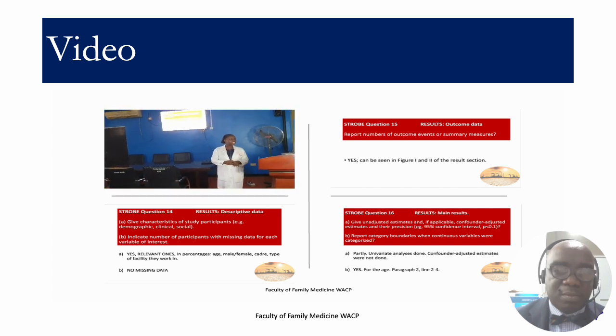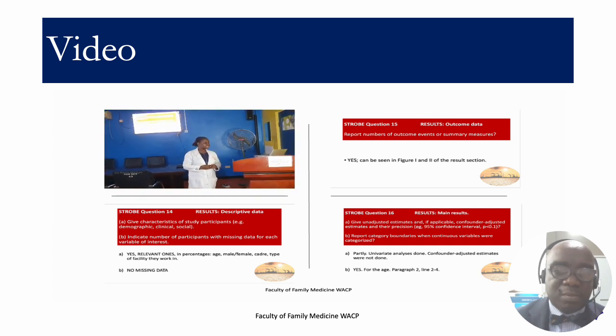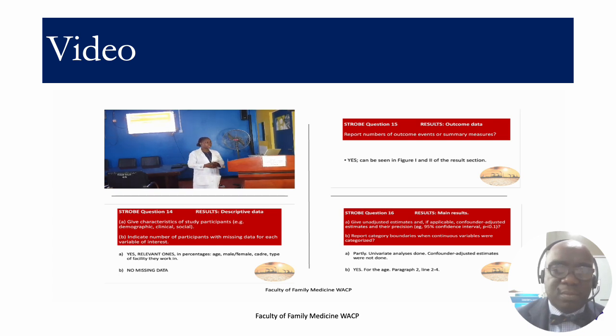Then, do they give unadjusted estimates and, if applicable, confounder-adjusted estimates and their precision, given the confidence interval and the level of significance? The response is not showing because I intend to ask it as a question too.